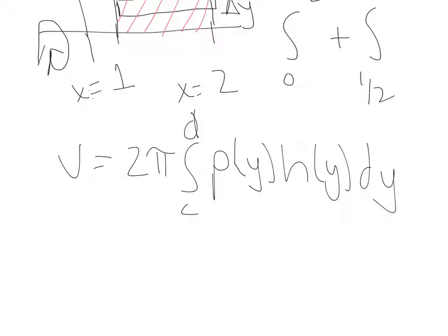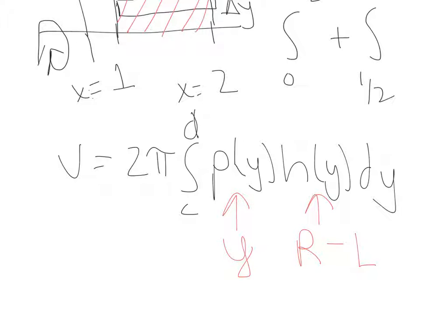And in both cases, because we're going about a coordinate axis, our p of y is just the variable y. And because, again, we're going about the coordinate axis, our h of y is going to be the right minus left.